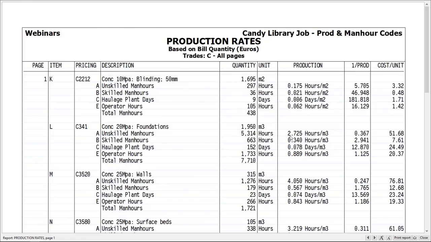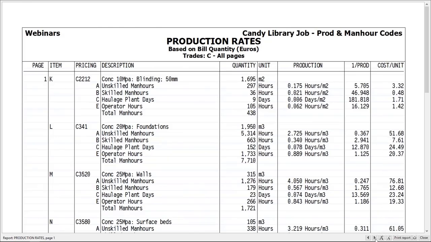Therefore, you have allowed for 2.725 hours of your unskilled per cubic meter of concrete, or conversely, you must pour 0.367 cubes per unskilled man hour. The cost per unit in this case, 51.68, is the net cost per cube, which is generated by those resources to which the unskilled man-hour production code has been allocated to.